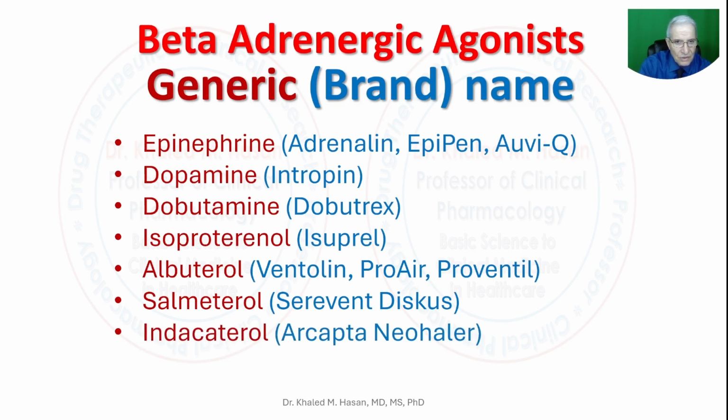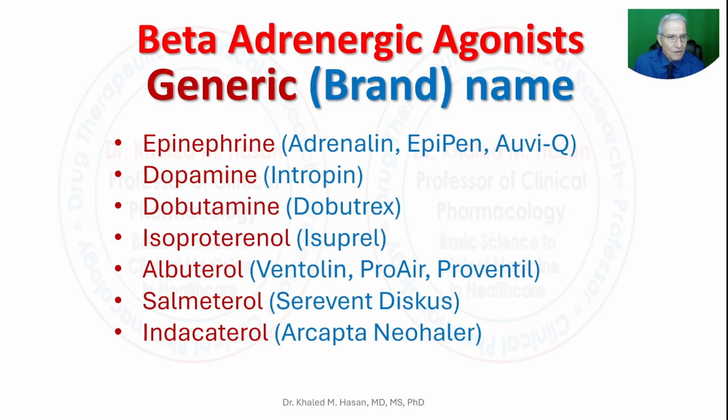So this is a group of medications representing the most popular beta agonists. Here we talk about medication able to bind to the receptor and stimulate it. Epinephrine is used for allergic shock, for example.